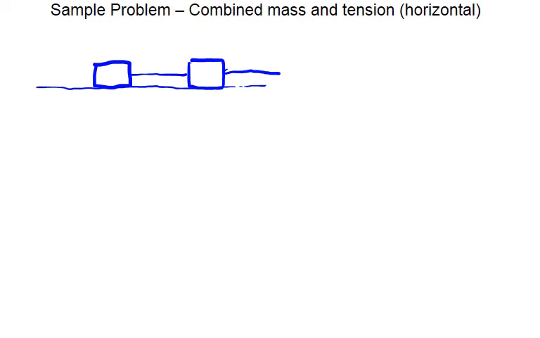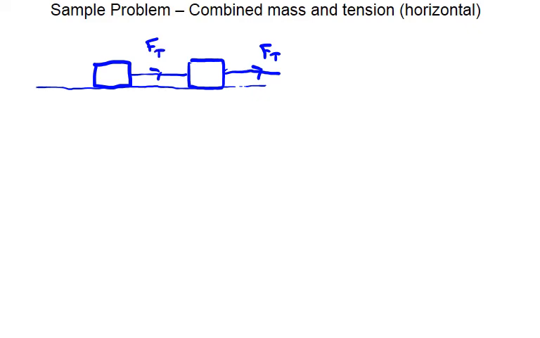So now, with the same kind of idea here, let's say we have two objects that are connected by a rope. And let's say this is on a surface with no friction. And we want to find out what the tension force is here, what the tension force is here.